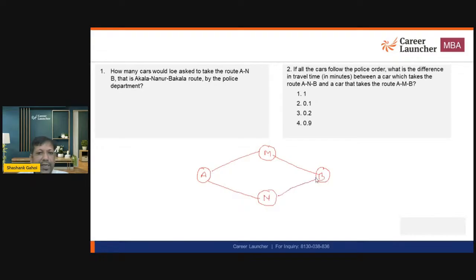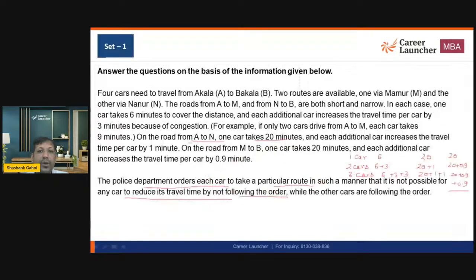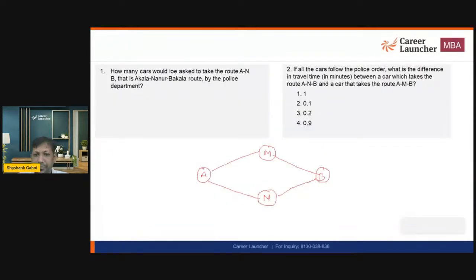It says A to M takes 6 minutes and A to N takes 20 minutes. So it is 6 minutes here, also 6 minutes here, 20 minutes here, and also 20 minutes here. Here the increase in time is plus 3 per car, and here too it is plus 3 per car.